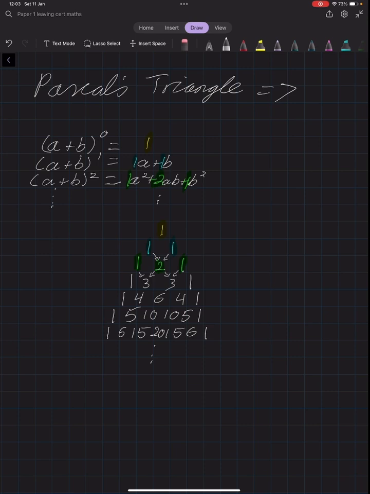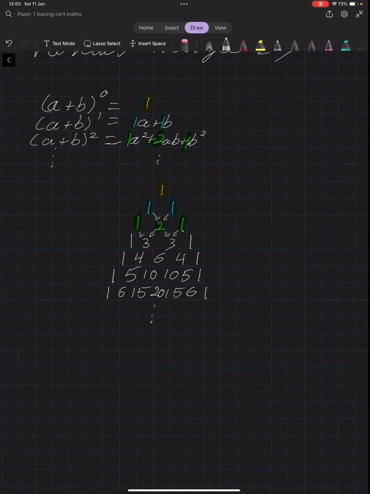And so you might say, well, how is this useful? The reason this is useful is that these are what we call the coefficients of the expansion.